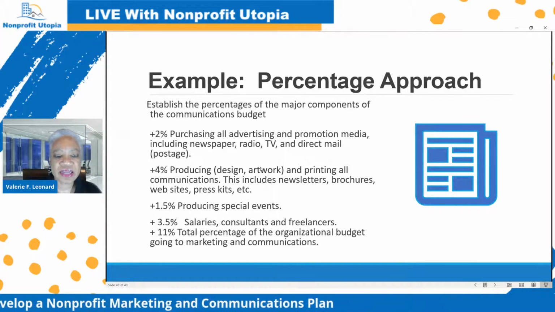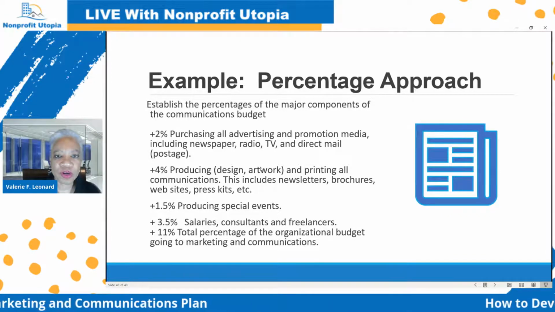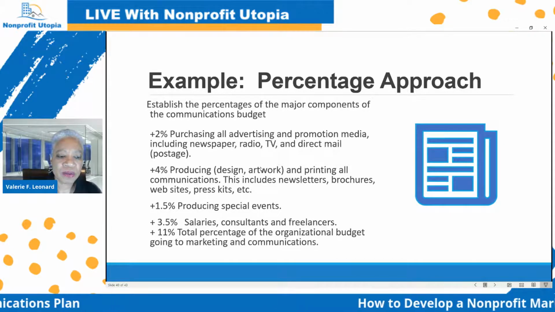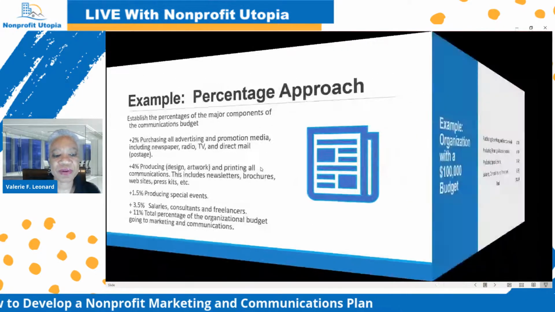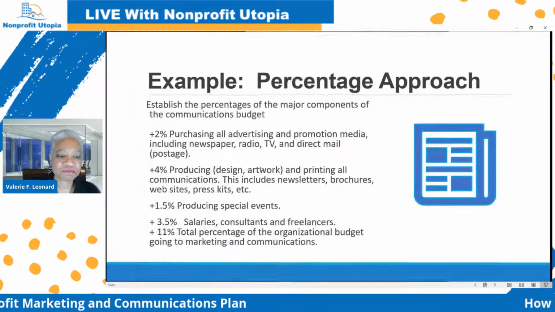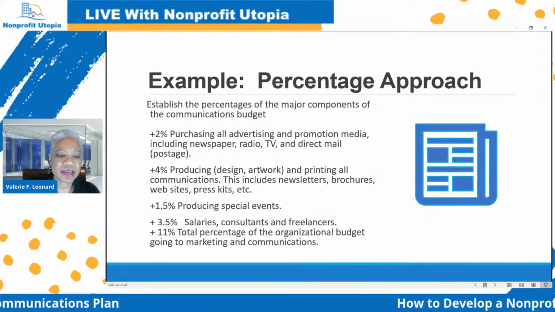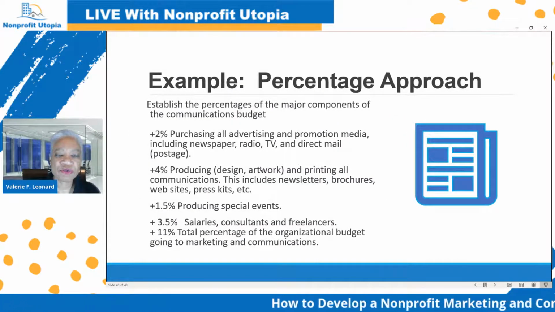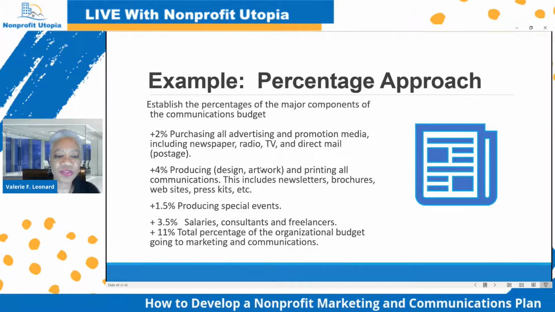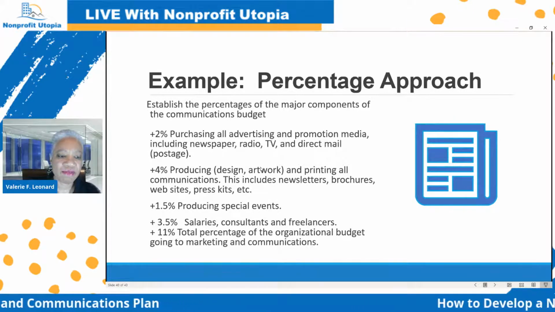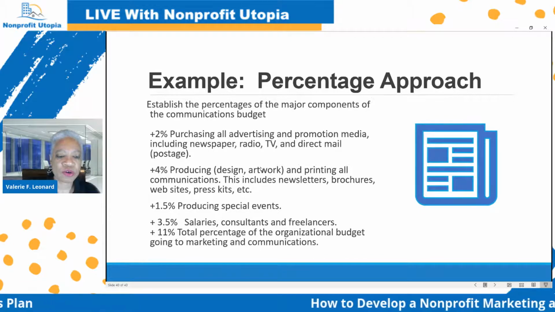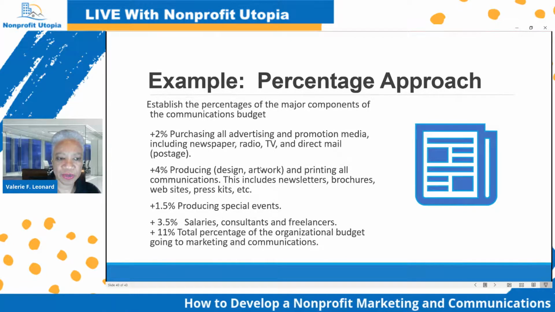That's the design and artwork for your collateral materials, printing all communications, and this includes newsletters, brochures, websites, press kits, etc. And then another example is 1.5% for producing special events, 3.5% on salaries, consultants, and freelancers, and then 11% is the total percentage of the organizational budget.